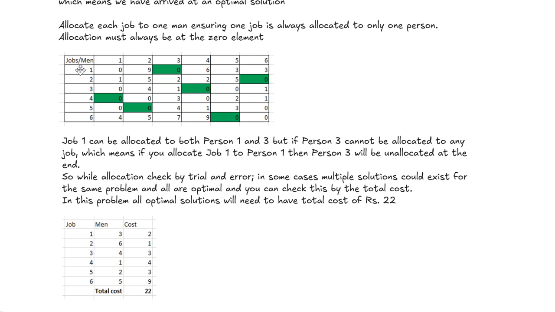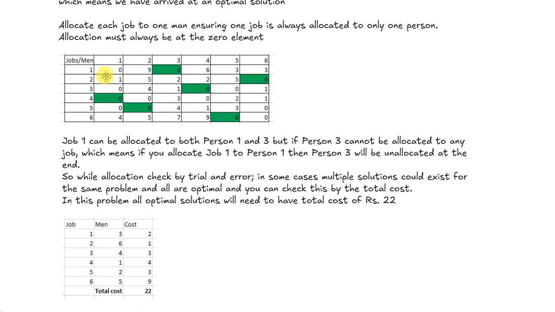Let's take one job as an example, and then the rest can be repeated. Let's take job 1. Job 1 can be allocated to either person 1 or person 3. Now the question will be, which one should I allocate? Let's look at what other information you have for this job.